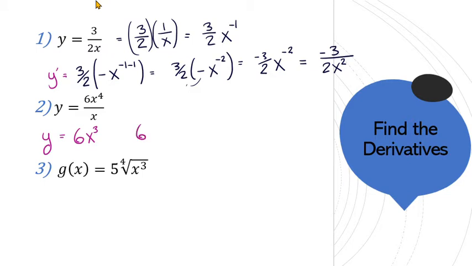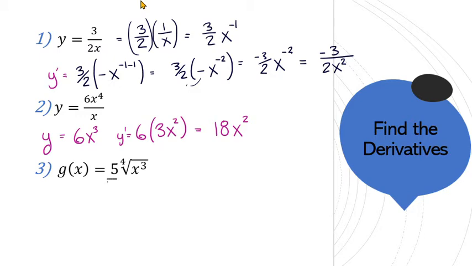So we're going to have 6 multiplied by the derivative of x cubed. 3 comes to the front, x to the power of 3 minus 1. There we go. And cleaning it up, multiplying the two numbers, 18x squared.